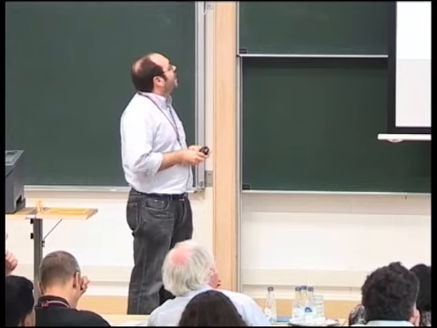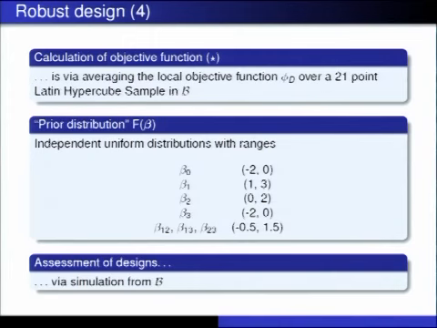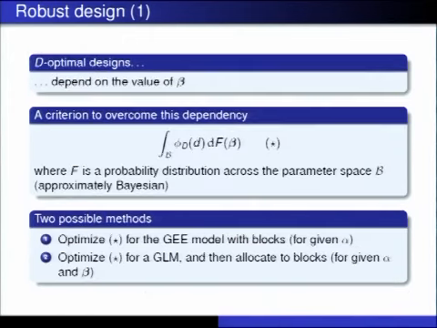And here is the allocation of the optimal unblocked design. So this is taking the optimal pseudo-Bayesian design for the GLM and allocating it to blocks optimally. And it's pretty similar to the other one. Again, it has extra internal points and more distinct points, but it is slightly different, particularly, oops, go back. Oops.